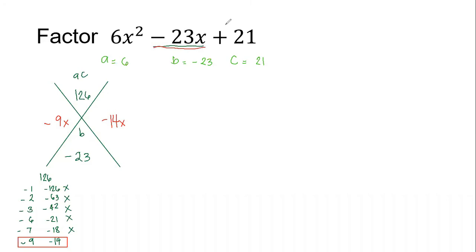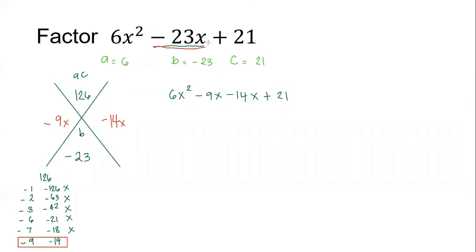So this time, we're going to rewrite the trinomial in terms of 4 terms. So that would be 6x squared minus 9x minus 14x plus 21.